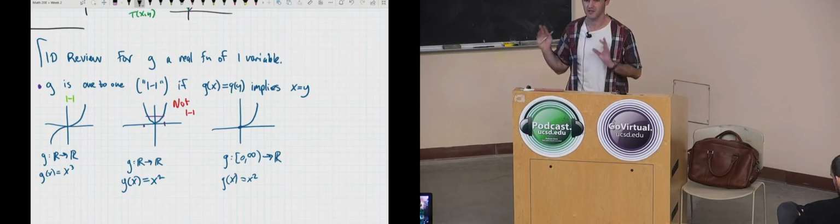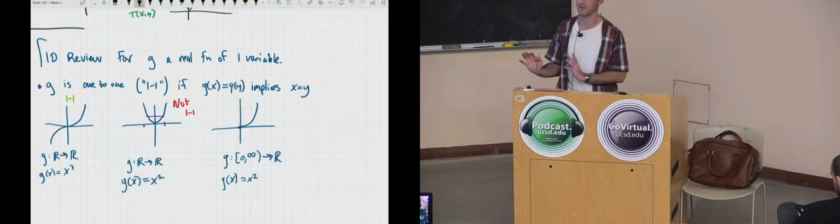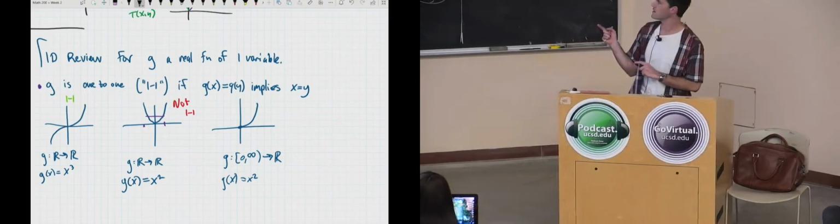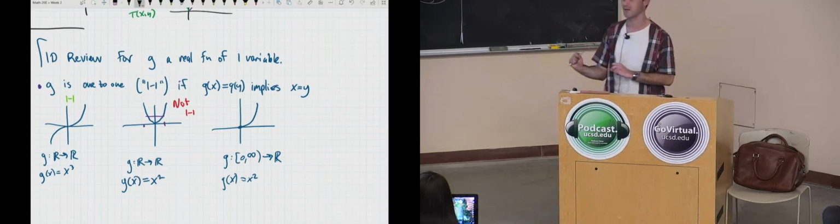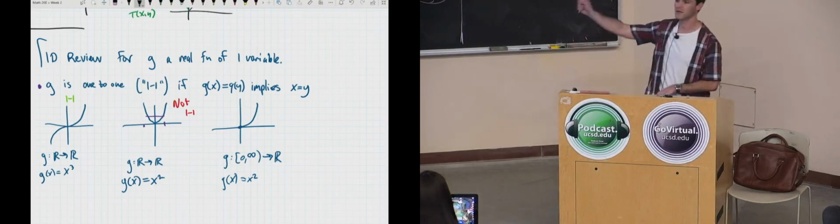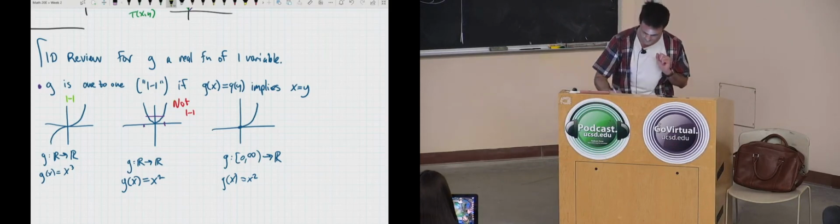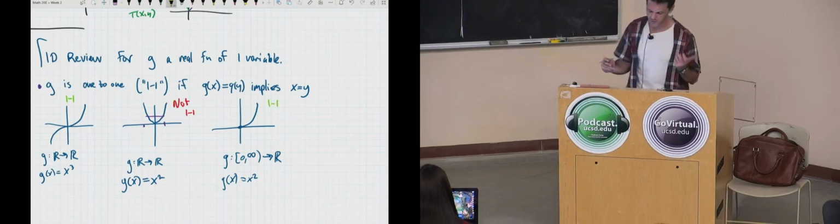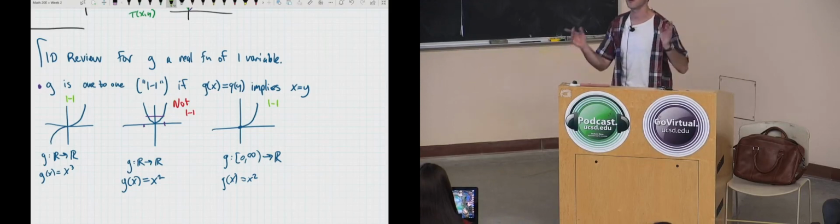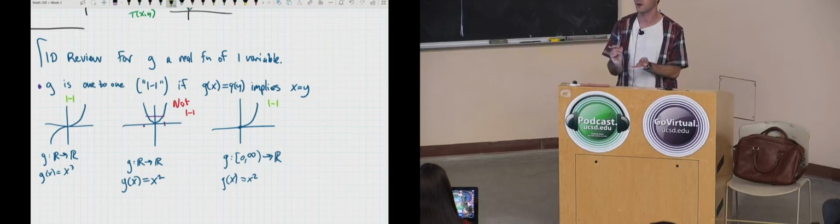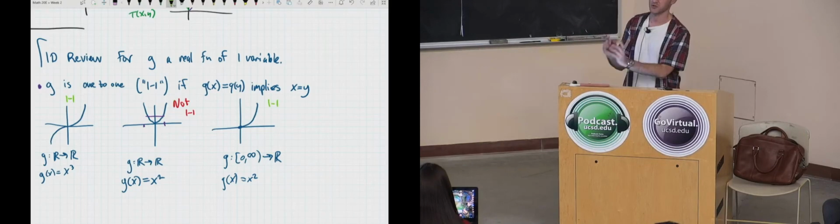Does it have the same domain? No. So it's not the same function. This is a different function. Is this one one-to-one? This one is one-to-one. Okay, so that's something you might occasionally have to do. You can take a function that's not one-to-one, but if you properly restrict its domain, you can make it one-to-one.